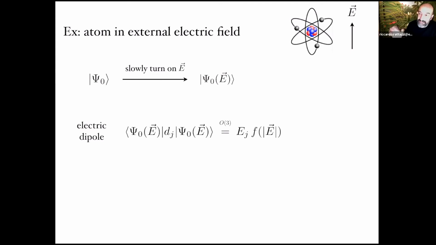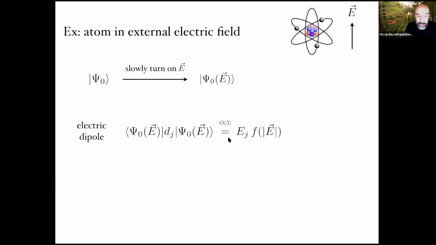But that really requires dynamical information. While even without that information, you can say right away, simply matching the transformation property of the left and right-hand side, that this expectation value has to be along E, and it should be given by an expression like this.